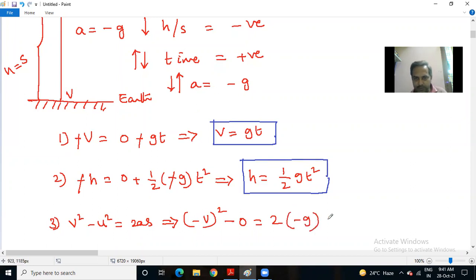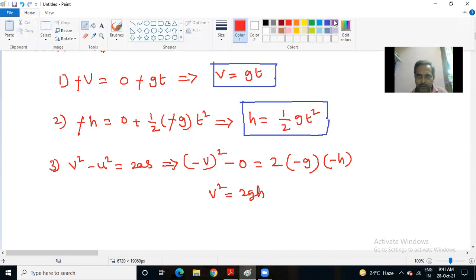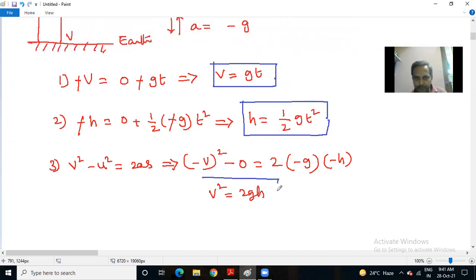While coming downwards, traveling total displacement is equal to height, that will be negative. So therefore you will finally get it as V square is equal to 2gh. So there will also be numerical on this. So basic equation turned like this in the third case.